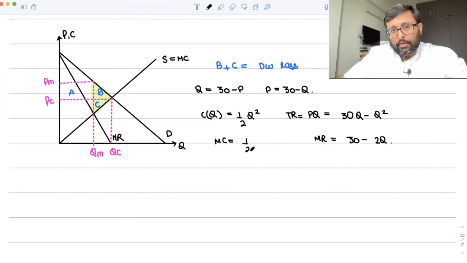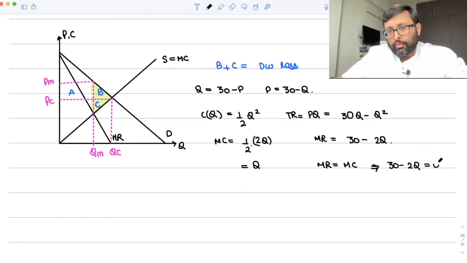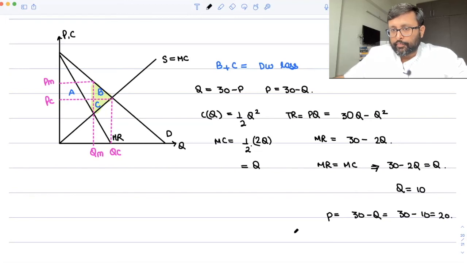MC is half into 2Q, which is going to be equal to Q, right? So the monopolist is going to produce where MR is equal to MC. That would mean 30 minus 2Q is equal to Q. So the monopolist is going to produce Q is equal to 10. And the price which it is going to charge is 30 minus Q, which is 30 minus 10, which is 20, right?